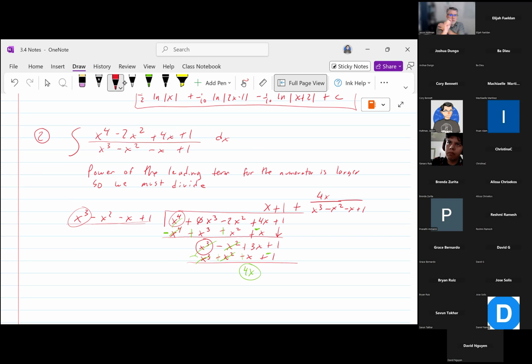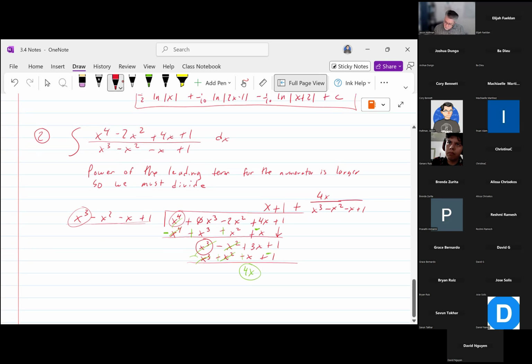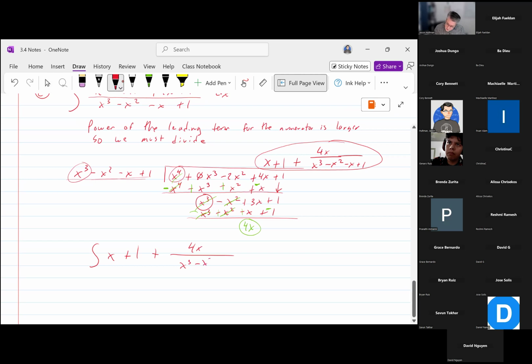We divided, and we got x plus 1 plus 4x over this denominator that I initially divided by. Okay, so this is what I really want to integrate. So I'm going to integrate x plus 1 plus 4x over x cubed minus x squared minus x plus 1 dx.